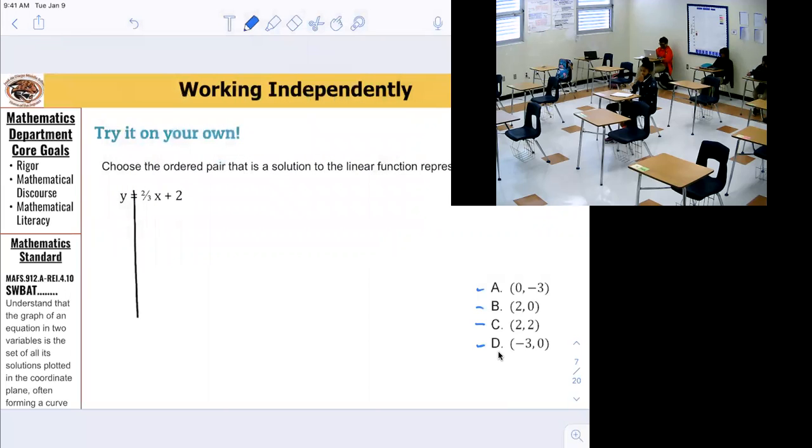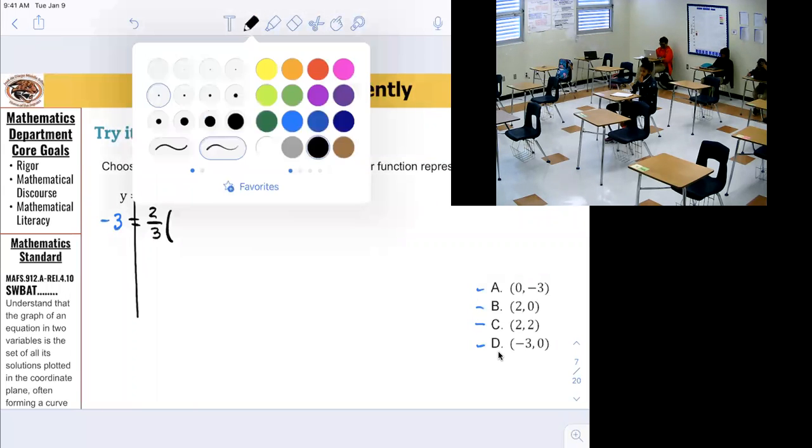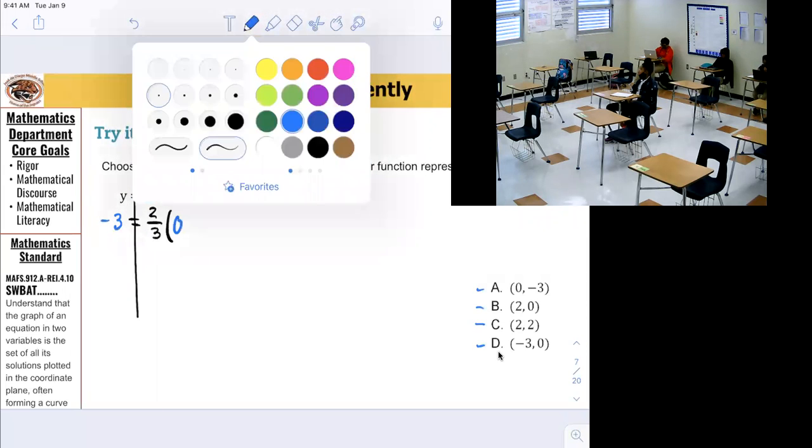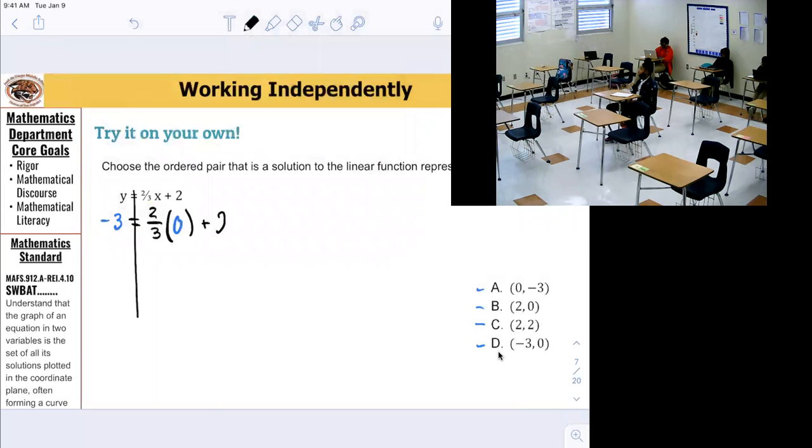Negative 3. Negative 3 goes in for y, and then for x, what do I plug in? 0. Oh, see, I picked an easy one. Okay, well, even though that's a 0, if it was another number other than 0, how do I multiply that with the fraction? Yeah, Miss, can you explain that?